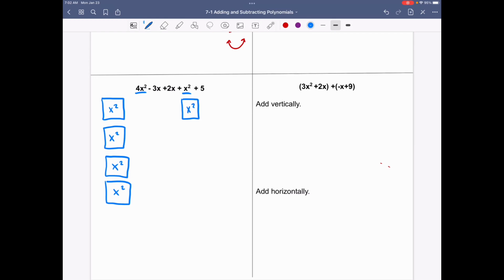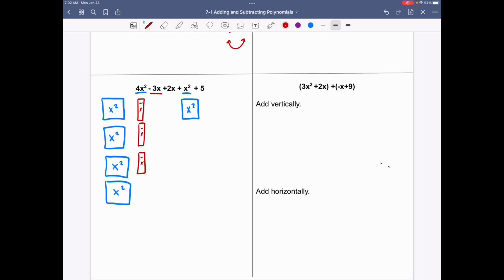Then we have x's. And when we have positives or negatives, we use a different color to show that. So with negatives, I like to use red. See how it says minus 3x? I'm going to draw those as rectangles with an x. And then I'll just put a little negative on them.